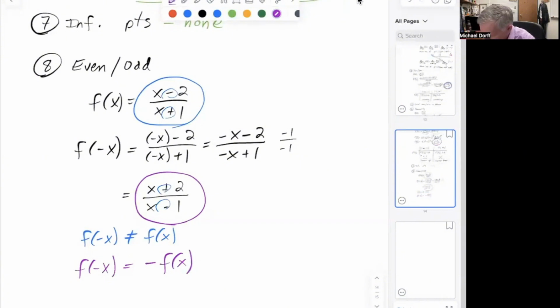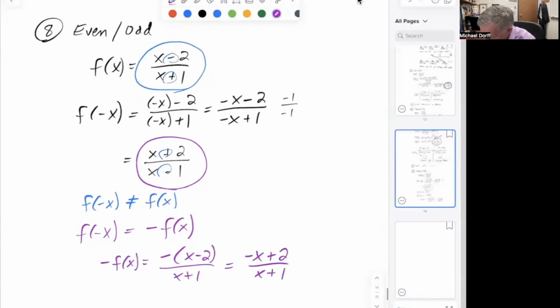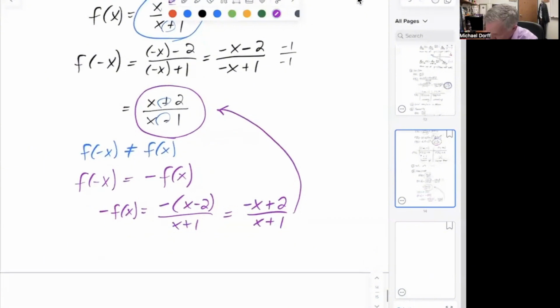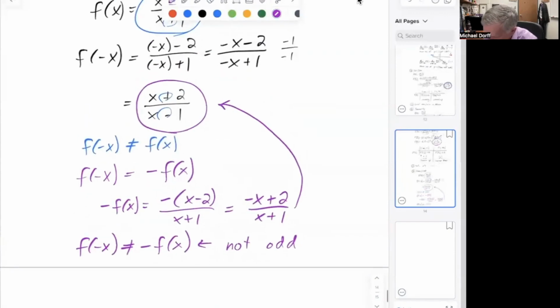And the answer is no. Negative f of x would be negative of (x minus 2) over (x plus 1), and that would equal (negative x plus 2) over (x plus 1). But that doesn't look at all like this. So f of negative x does not equal negative f of x. So it's not odd, and it's not even. So it's none of those.